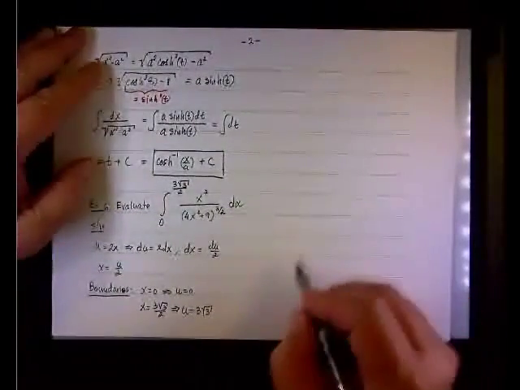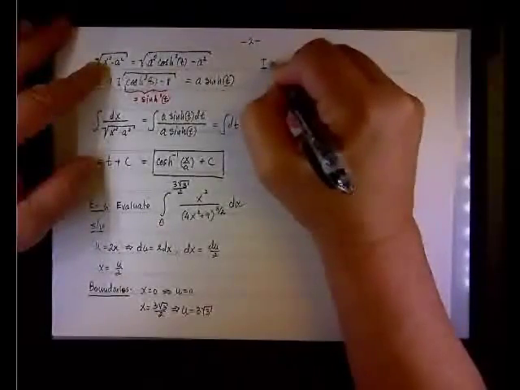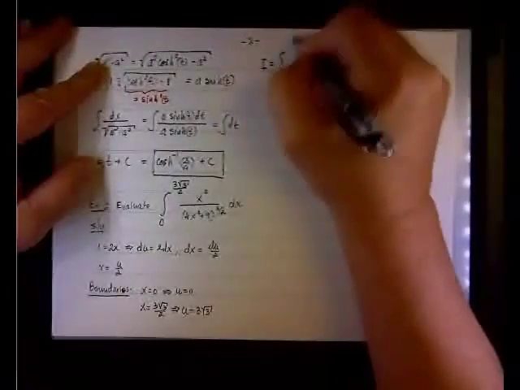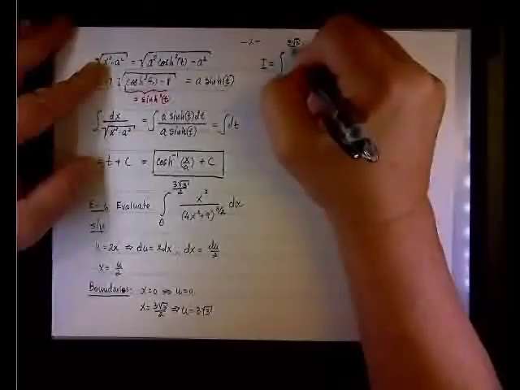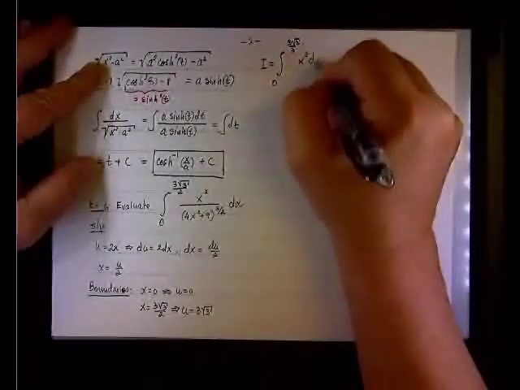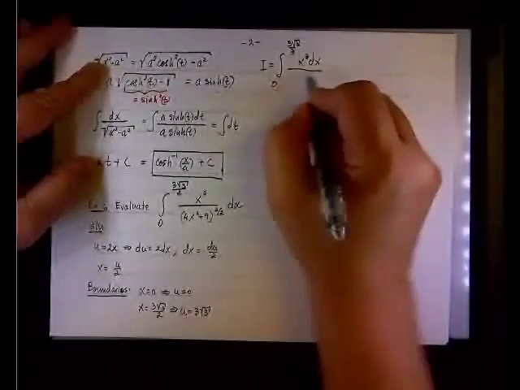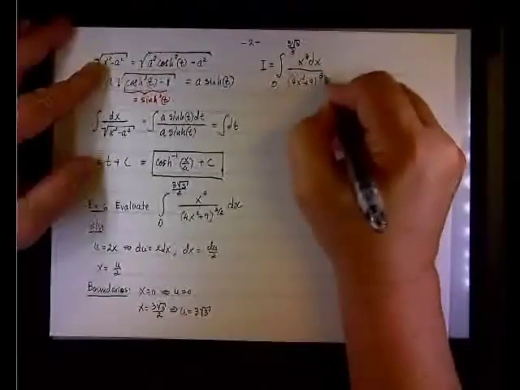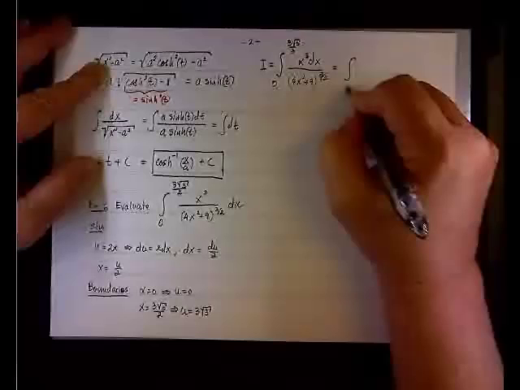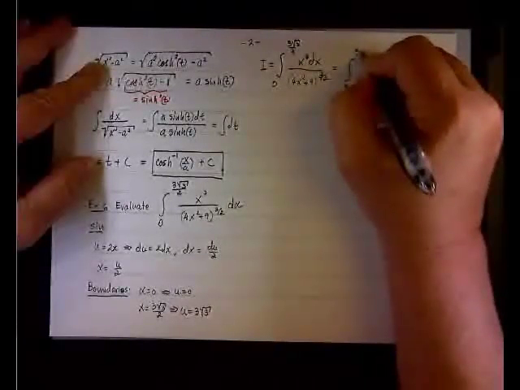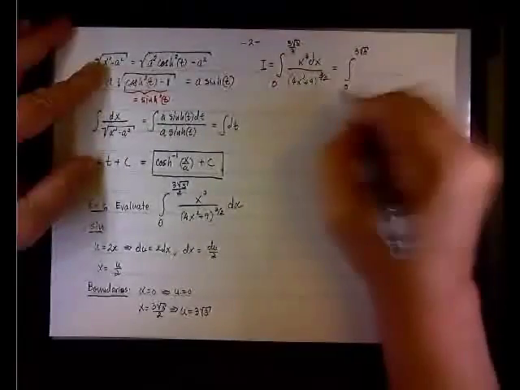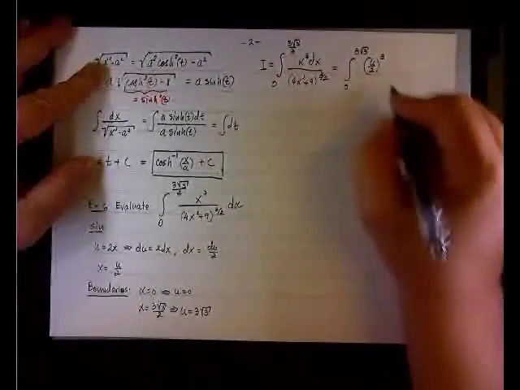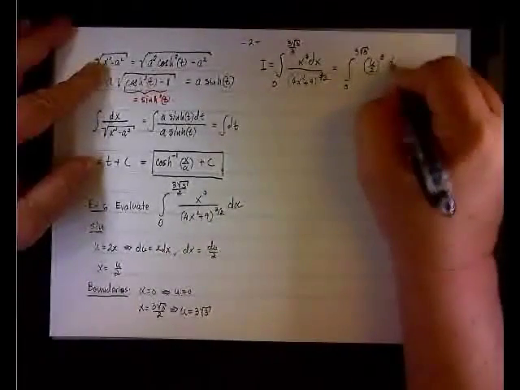So now I'm ready to change the integral. Let's say our original integral, I'm going to rewrite it one time here: 0 to 3 square root of 3 over 2, x cubed on top, over 4x squared plus 9 to the 3 halves. It's going to look like the integral from 0 to 3 square root of 3, and I have u over 2 cubed for x cubed, and for dx, I'll have du over 2.